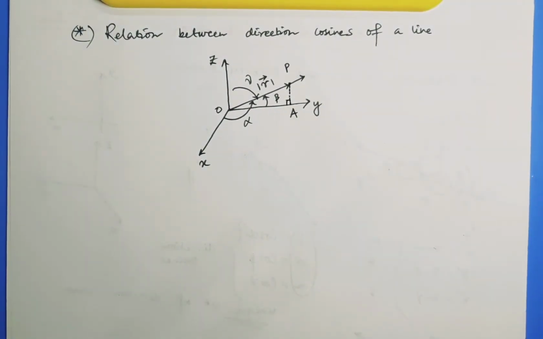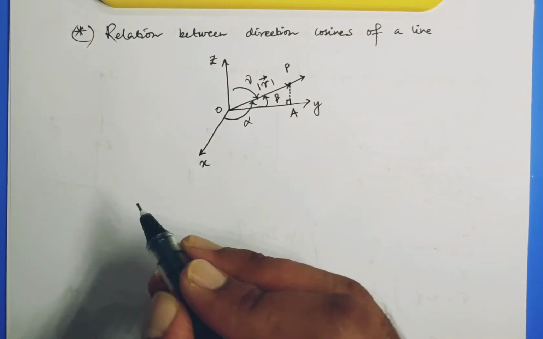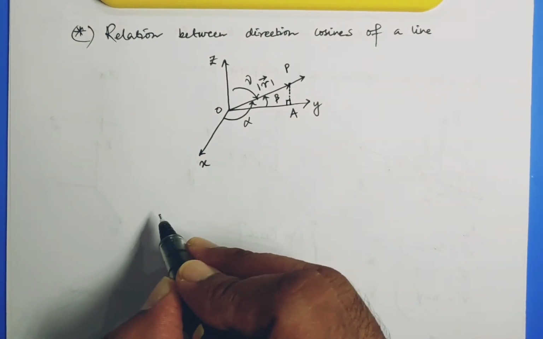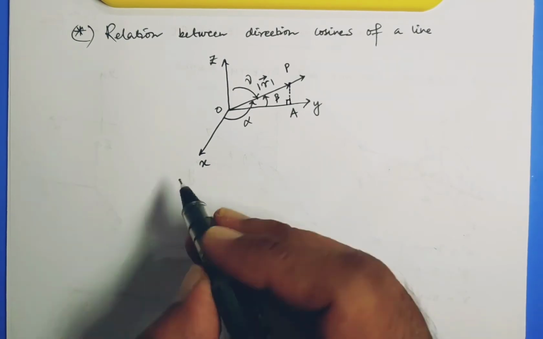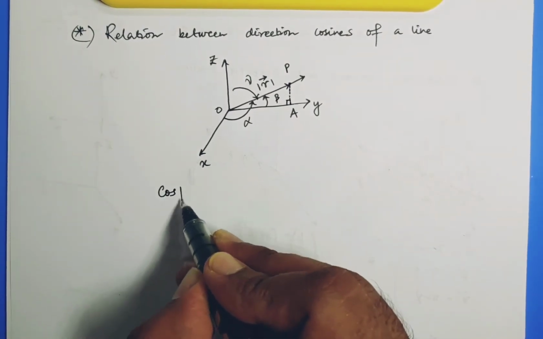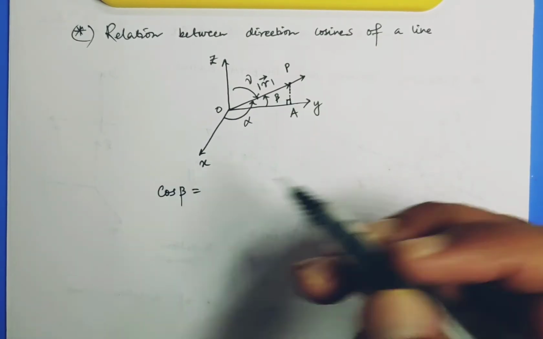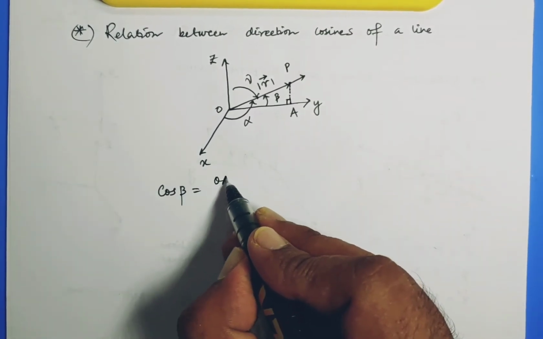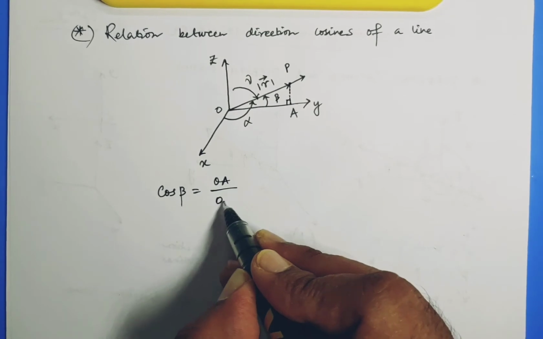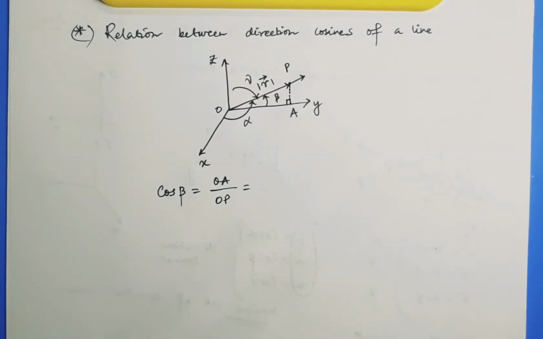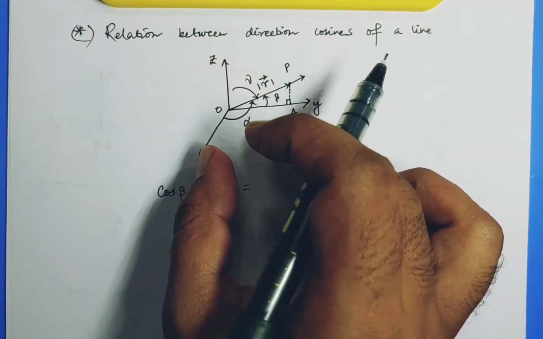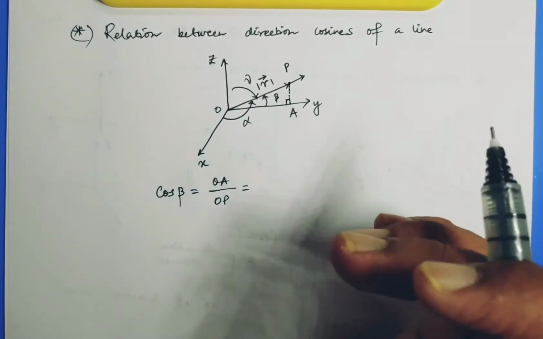Can you tell me what cos beta is equal to? So cos beta is equal to how much? It is base by hypotenuse, right? So that will be OA divided by OP. Now OA is the length in the direction of the y-axis, right?